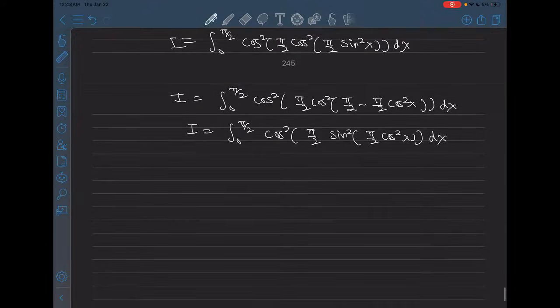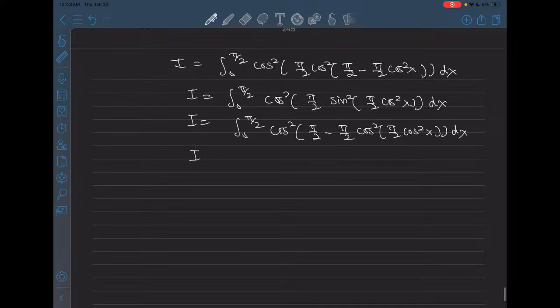I can again use the same fact that sin square is 1 minus cos square. So this is pi by 2 minus pi by 2 cos square of pi by 2 cos square x dx. So this just becomes the integral from 0 to pi over 2 of sin square pi over 2 cos square pi over 2 cos square x dx.